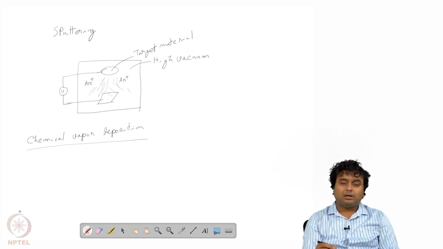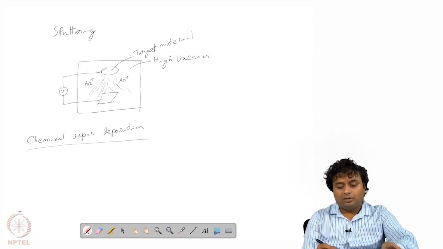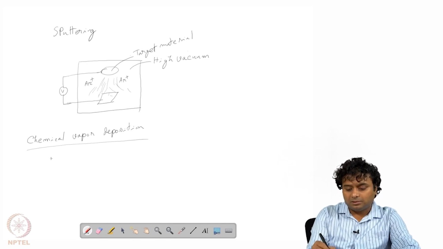For example, for the deposition of graphene, while coating graphene on a silicon sample, we can use this chemical vapor deposition technique.